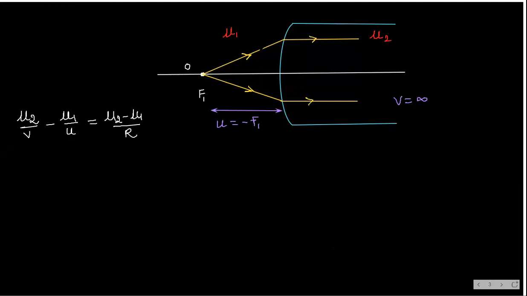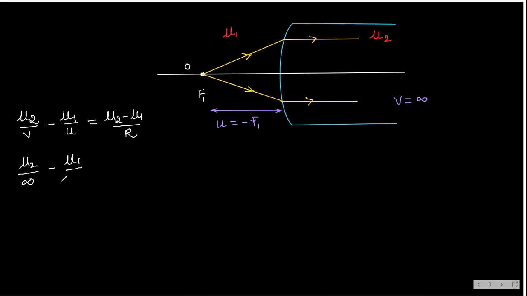So what I am doing here, just substitute these values. mu2 by v. v is how much here? Infinity. So this is infinity, minus this is mu1 by u.